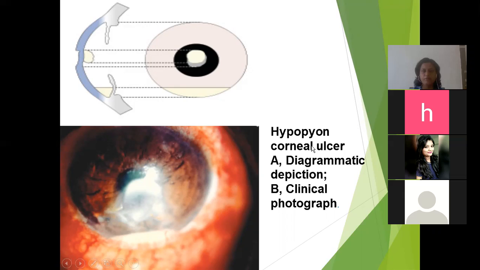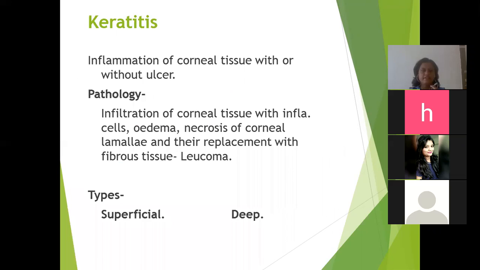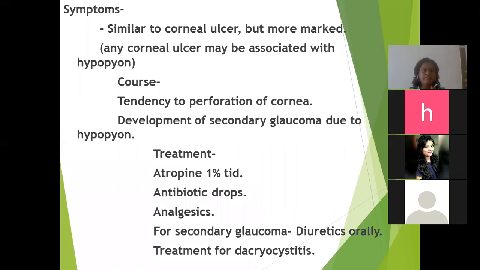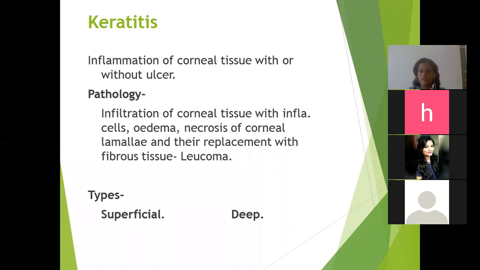This is a diagrammatic depiction, and this is a clinical photograph of a hypopyon corneal ulcer. Then we see the symptoms, signs, course, and treatment of hypopyon corneal ulcer.